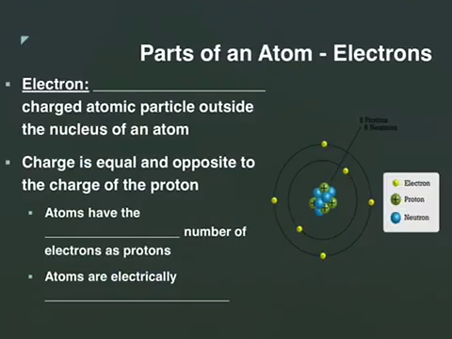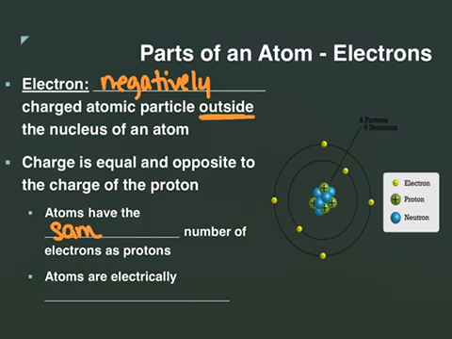The last part of the atom is the electrons, and these are negatively charged. And they are located outside of the nucleus. So the charge is equal and opposite to the charge of a proton. So atoms have the same number of electrons and protons, so they're considered electrically neutral.